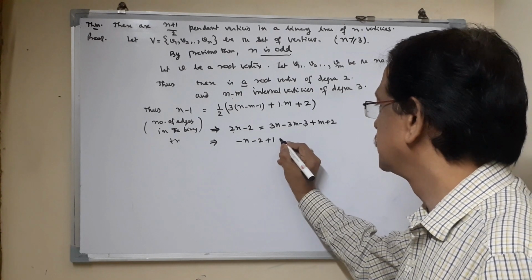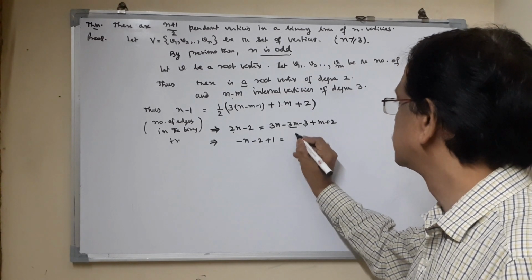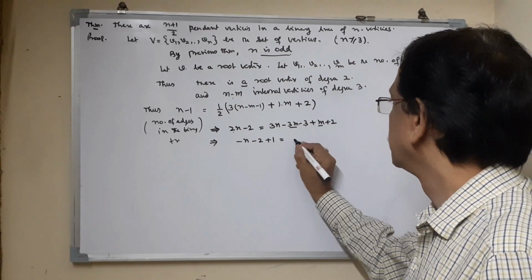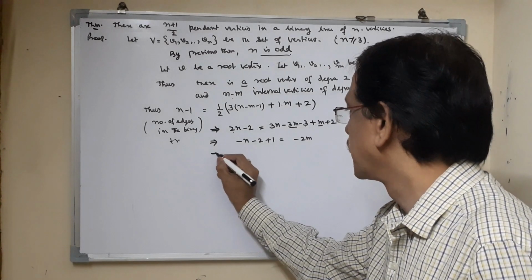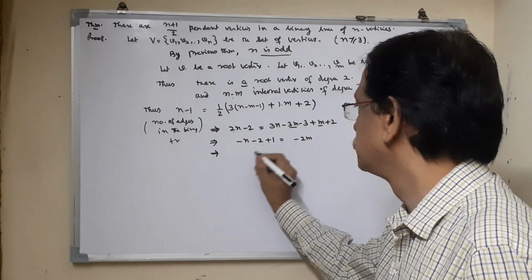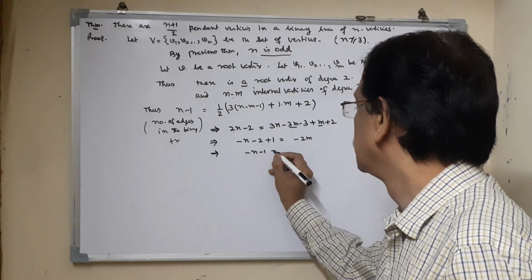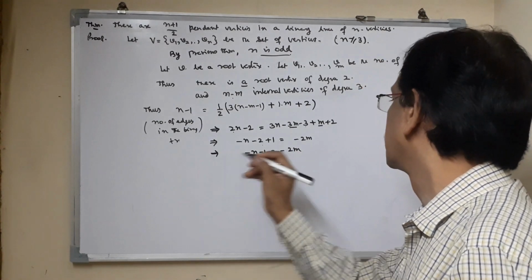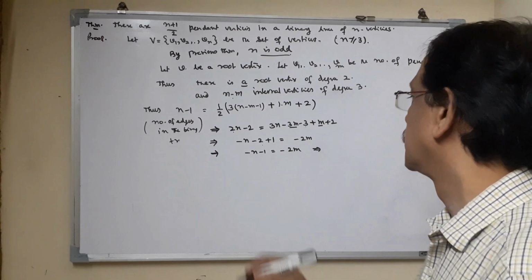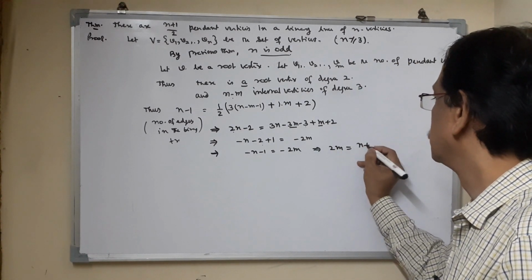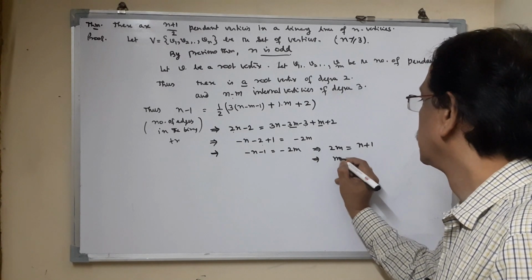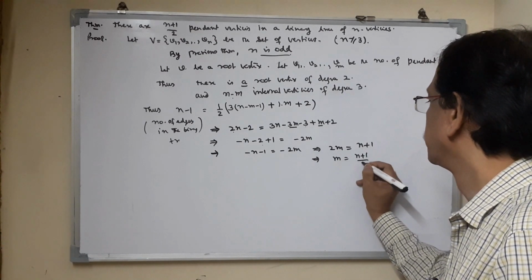Then minus 3m plus m is minus 2m. So this implies minus n minus 2, this is minus n minus 1, which is equal to minus 2m. Cancel throughout, take out minus, so you'll get 2m equal to n plus 1. So m is equal to (n plus 1) by 2.